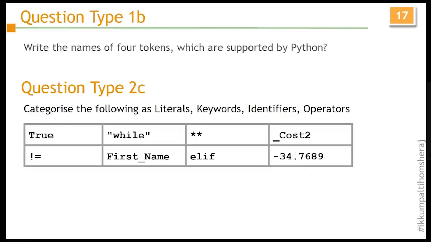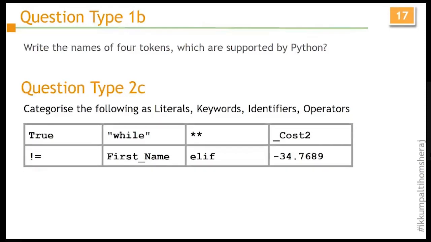Otherwise somebody will write 3 tokens, somebody will write 4 tokens, somebody will write all 5 tokens. That should not happen. So whenever we are framing questions, if we specify exactly what the count of the answer is, it will help us to check properly, and we are justified while checking.